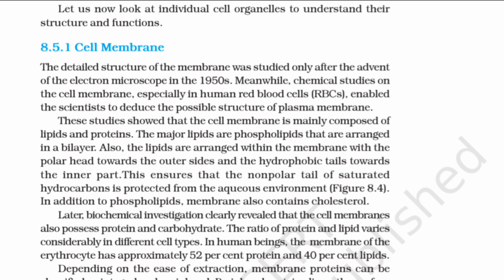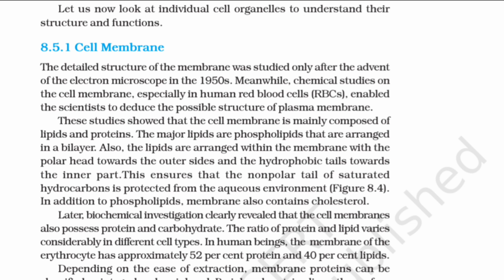Also, the lipids are arranged within the membrane with the polar head towards the outer sides and the hydrophobic tails towards the inner part. This ensured that the nonpolar tail of saturated hydrocarbon is protected from the aqueous environment. In addition to phospholipids, the membrane also contains cholesterol.